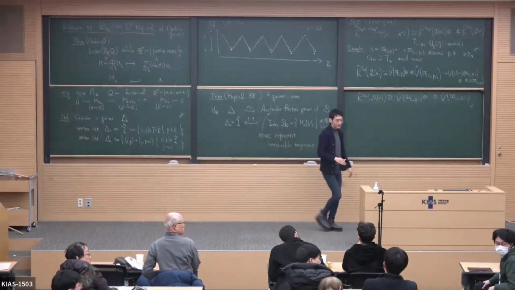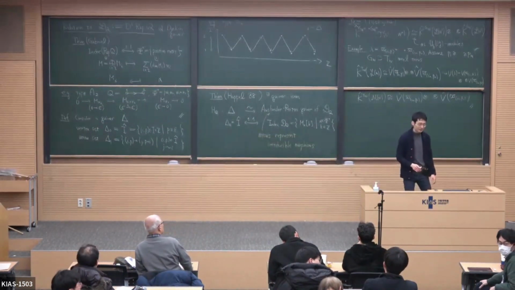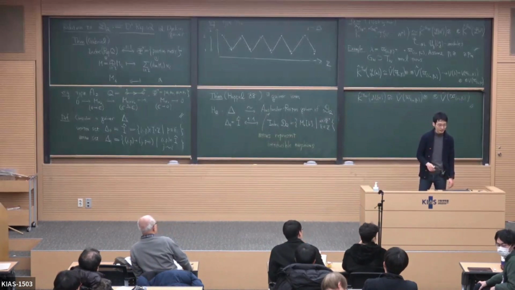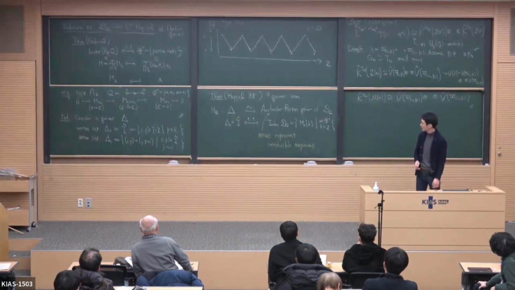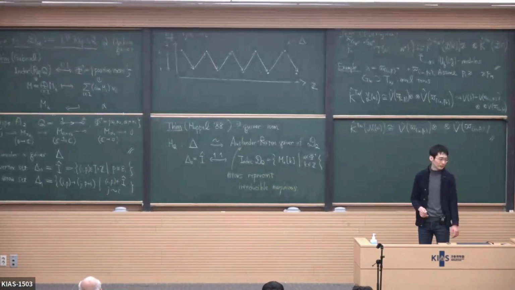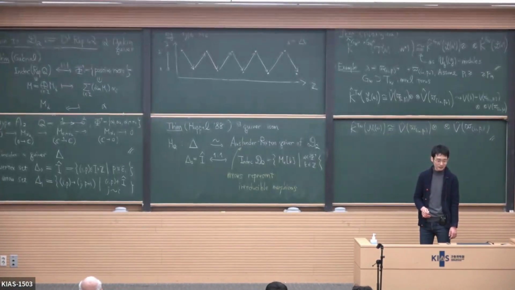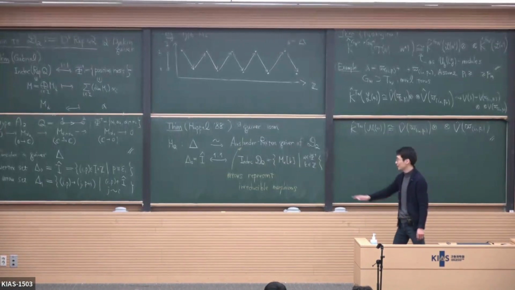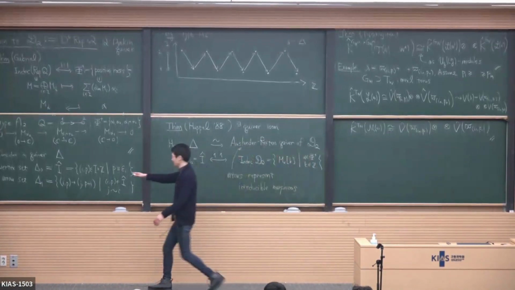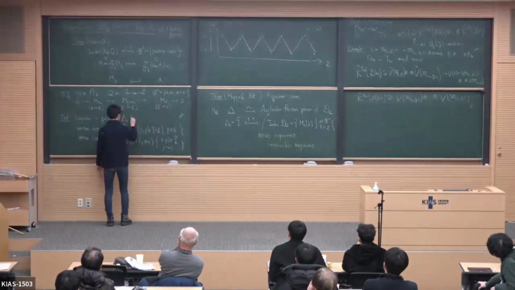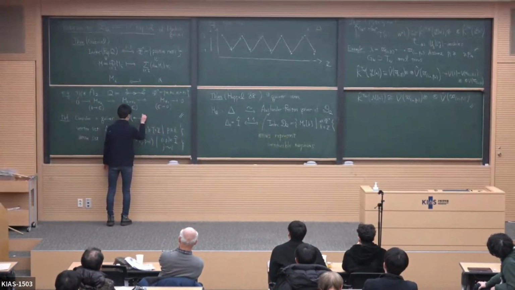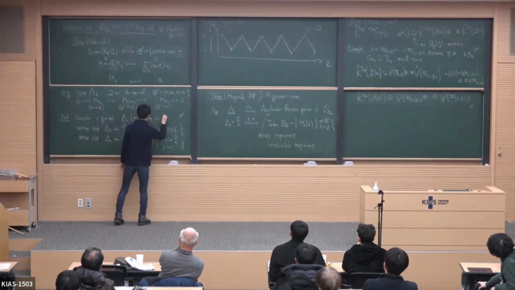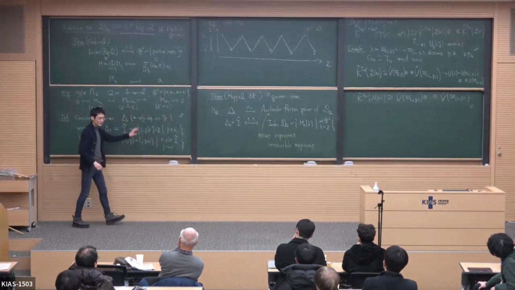Yes? The relation of Q and delta. Q and delta? When you are given a quiver Q, you can make the quiver delta. But it seems that this quiver doesn't depend on any choice of Q. So this only depends on our choice of Lie algebra, ADE type Lie algebra.